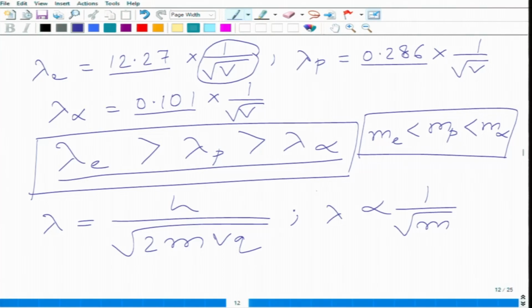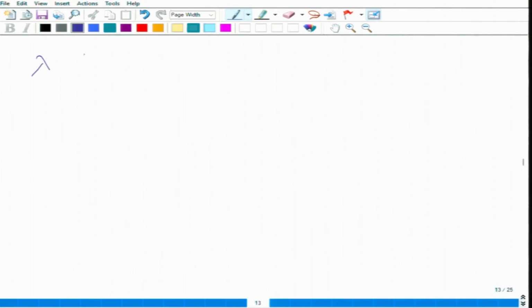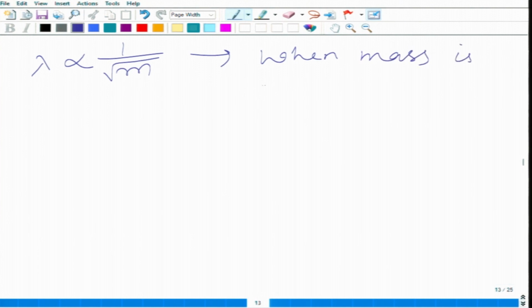Because we have seen this relation: lambda is inversely proportional to the square root of mass. So, when mass is very high, lambda will be very small, right?